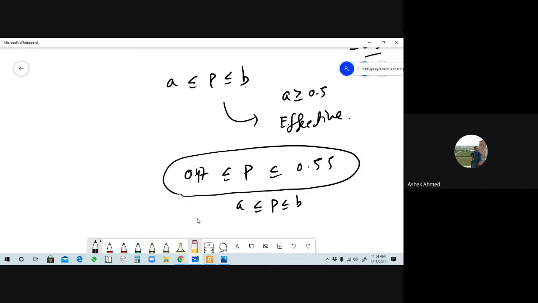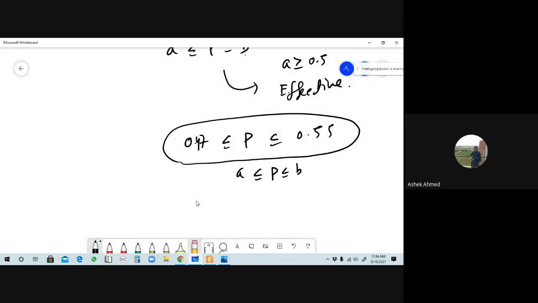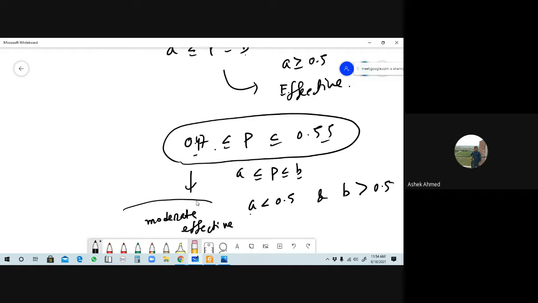Okay, in that case, if the value of a is less than 0.5 and the value of b is greater than 0.5, in that case the process will be moderately effective. In this case, you can say the process will be moderately effective.